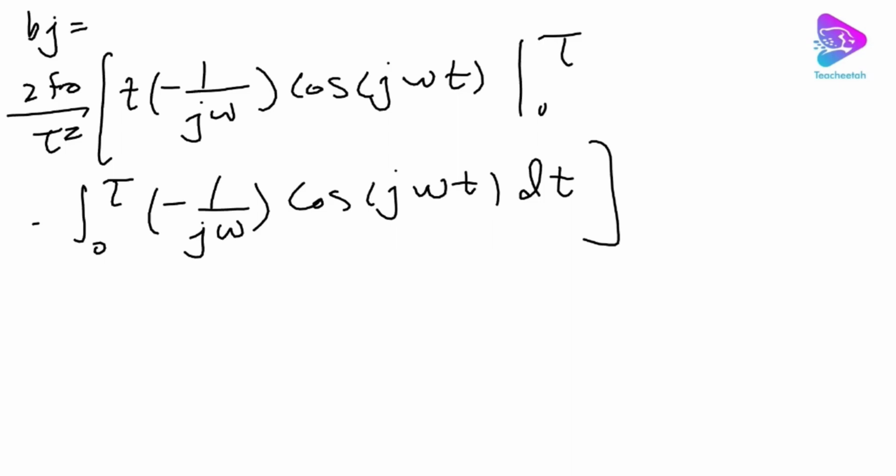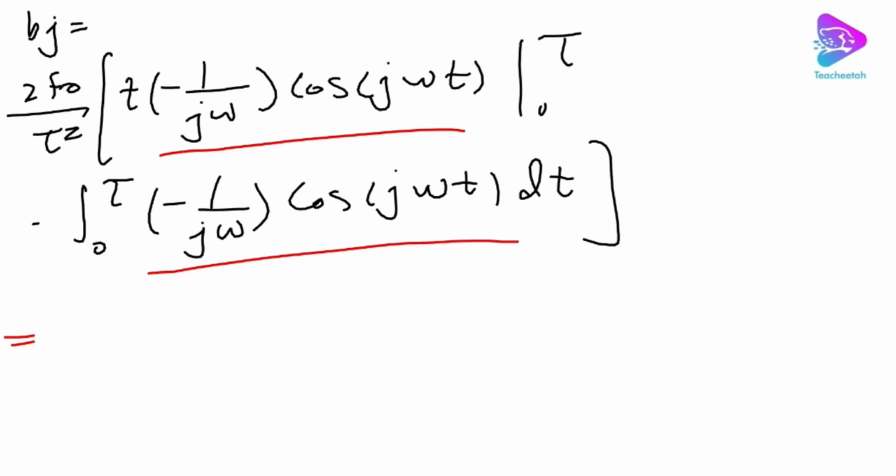Again, this part is pretty simple to find the integral. This is just a substitution, and this one is simple because the cos function we can find based on the sine function. So let me do that and see what we have here.